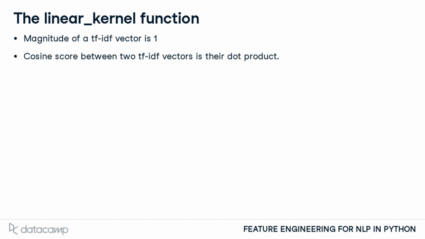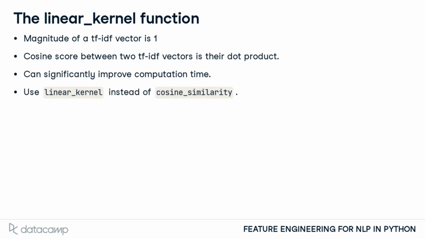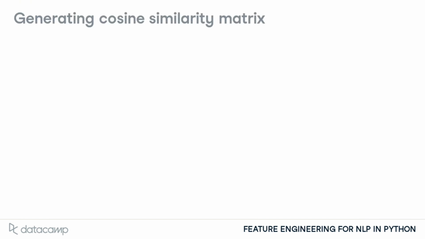This fact can help us greatly improve the speed of computation of our cosine similarity matrix, as we do not need to compute the magnitudes while working with TF-IDF vectors. Therefore, while working with TF-IDF vectors, we can use the linear kernel function, which computes the pairwise dot product of every vector with every other vector.